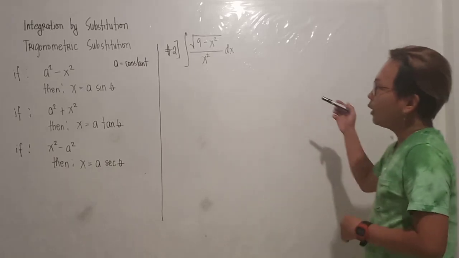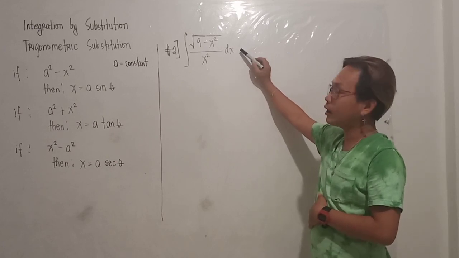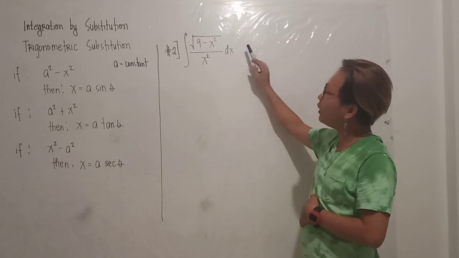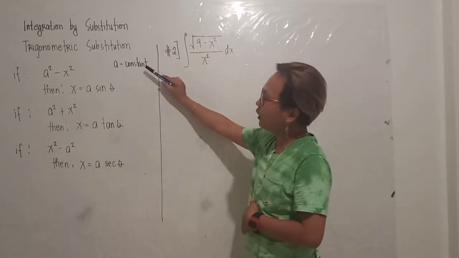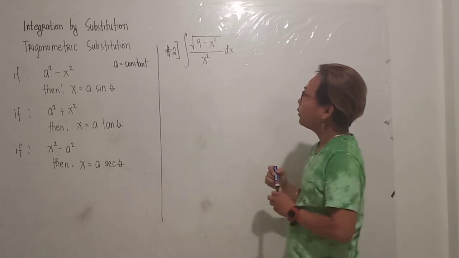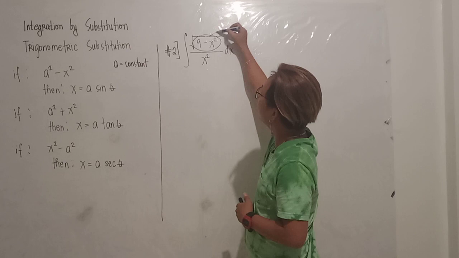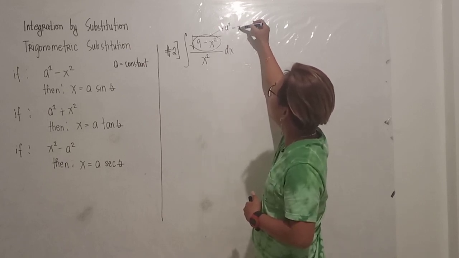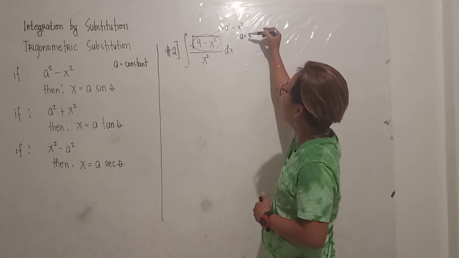Okay. Next example is the integral of the square root of 9 minus x squared all over x squared dx. If you analyze the problem, kapag tinignan mo yung tatlong pattern, this is a squared minus x squared, wherein the value of a is 3.